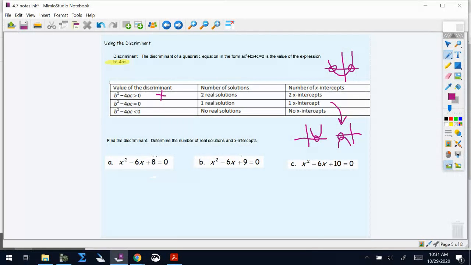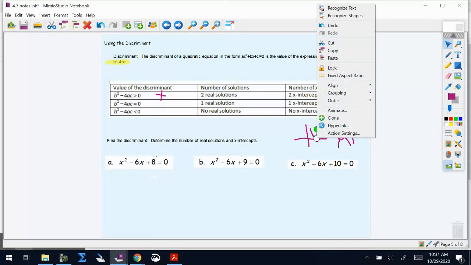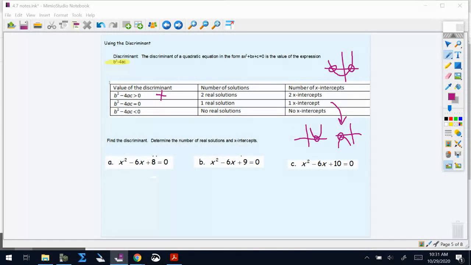That one point, the vertex, is going to be right on the axis. So your vertex ends up being your x-intercept, and it's the only place where it will ever touch the x-axis.